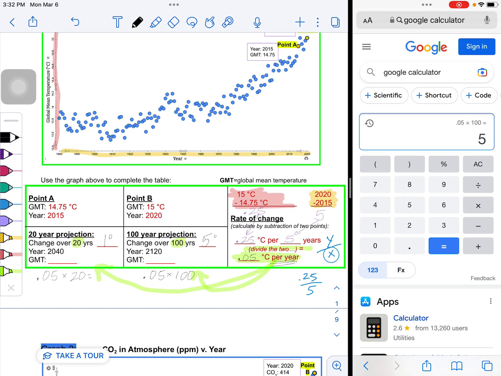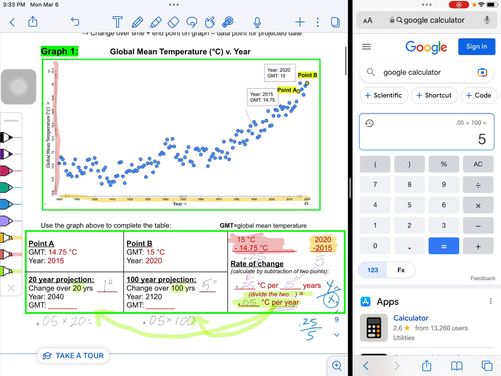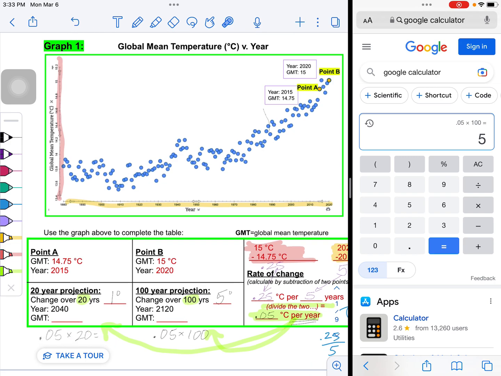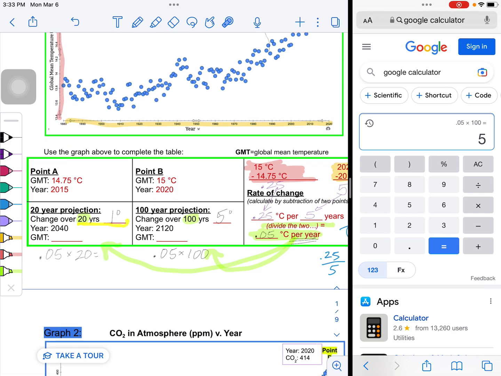So now I have my projection. My last part is thinking about, well, what would the graph actually say? What would the real temperature be in those time frames? This is just an increase amount, right? If I go back up here to my graph and try to put 1 degree on my graph, I'm pages below this, so I know I'm not totally done yet. So here's what I'm thinking about: this is telling me temperatures are going up by 1 degree in 20 years' time.